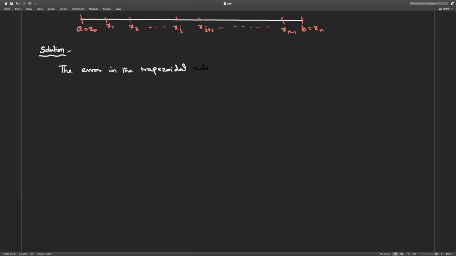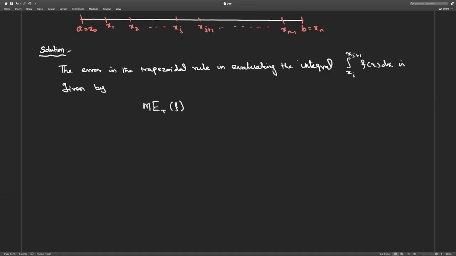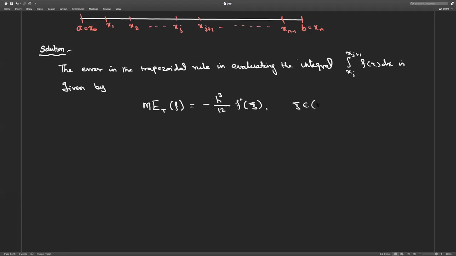If you recall, the error in the trapezoidal rule for the integral from xj to xj plus 1 of f of x dx is given by the mathematical error MET of f, equal to minus h cube by 12 into f double dash of xi, where xi is an unknown point from the interval xj to xj plus 1.